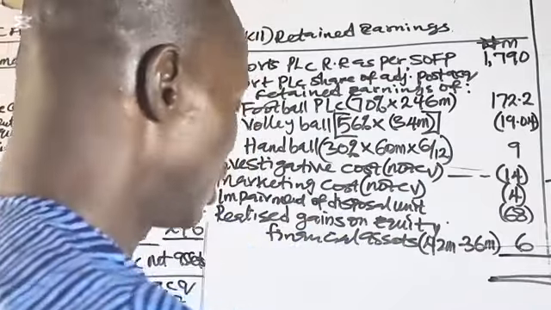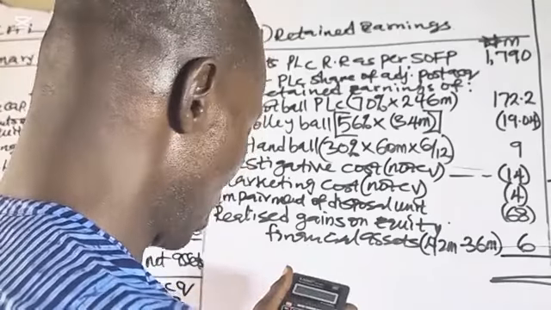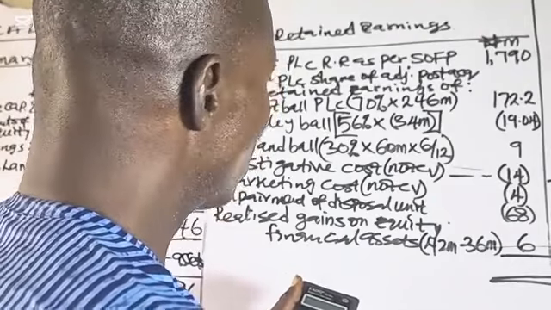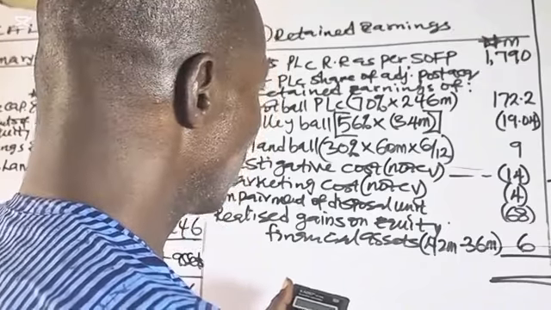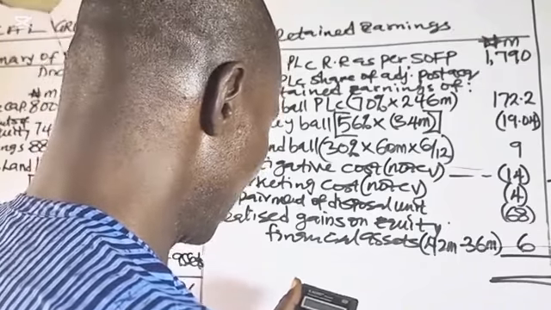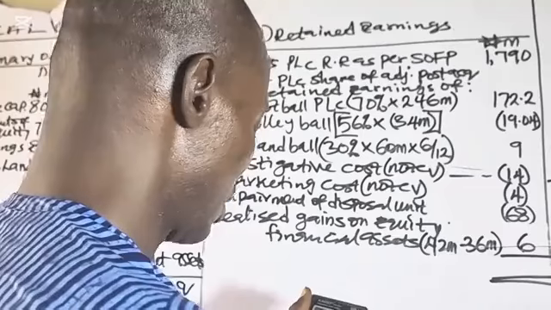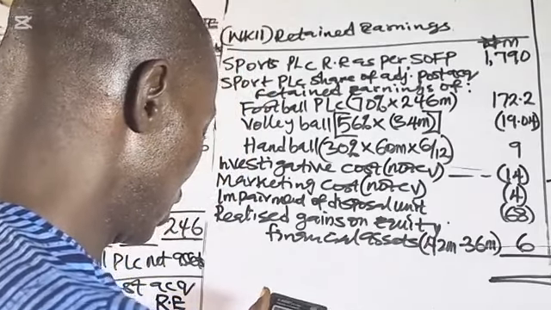Now let's total it. 1790 plus 172.2 minus 19.04 plus 9 minus 14 minus 4 minus 68 plus 6.